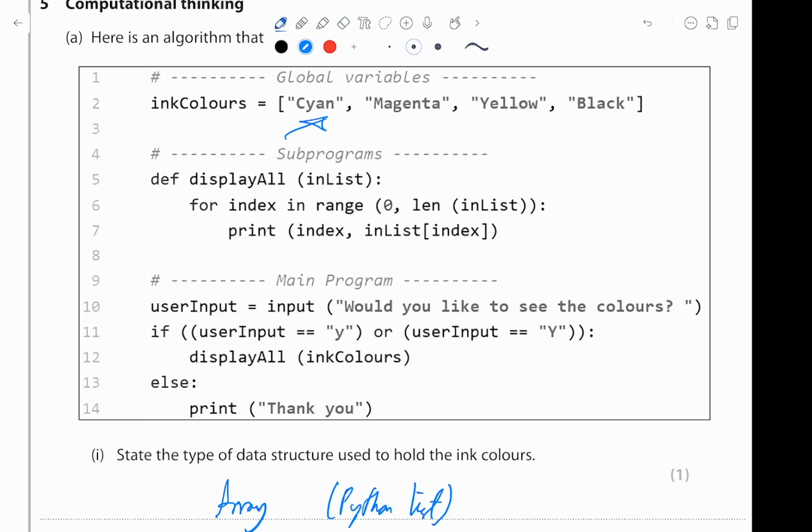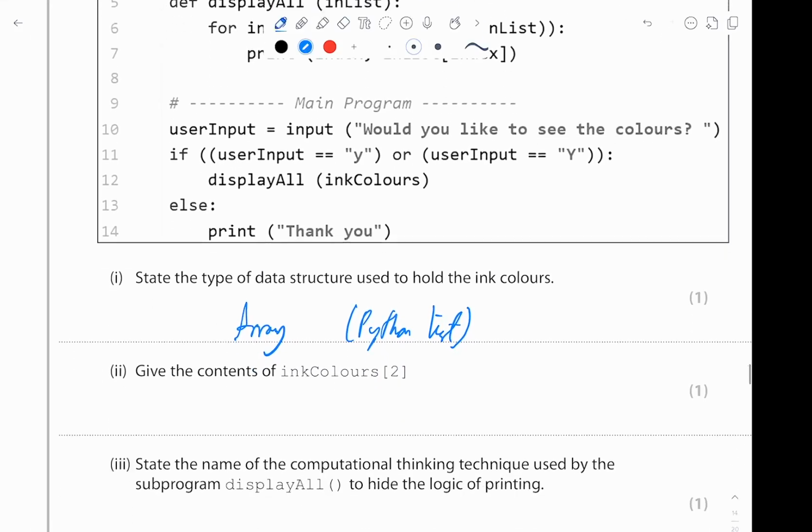Arrays are implemented as Python lists, so do our records mostly. But in other programming languages, some don't allow you to have different data types. Python allows you to have the same data type.